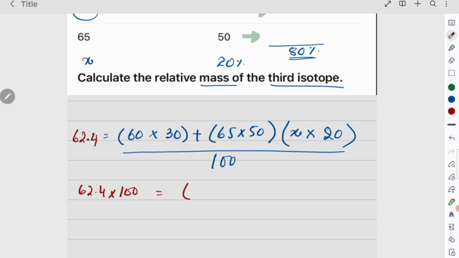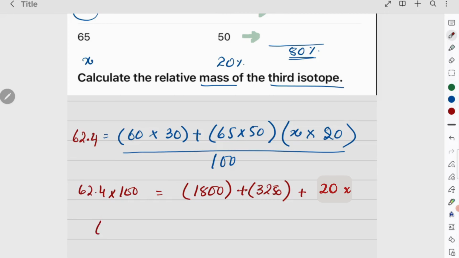Let me calculate it. Okay, 1800 plus 65 into 50, 3250, plus 20x.